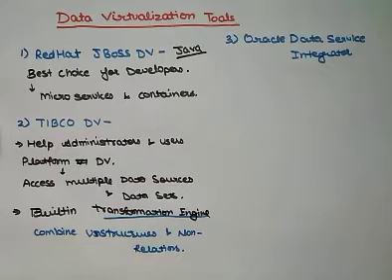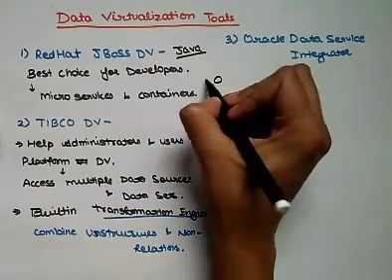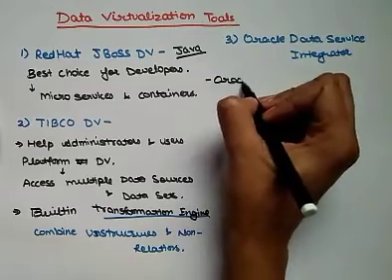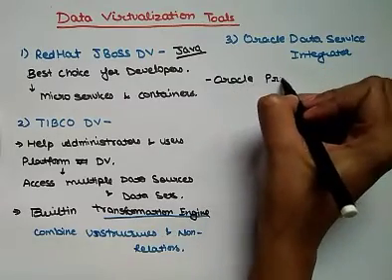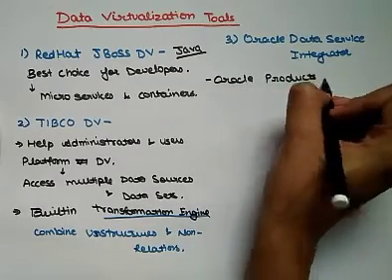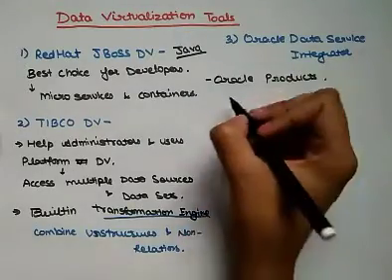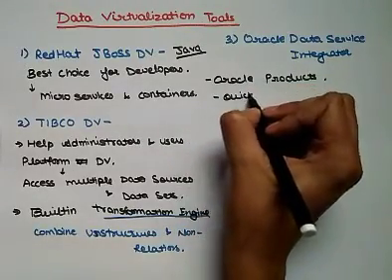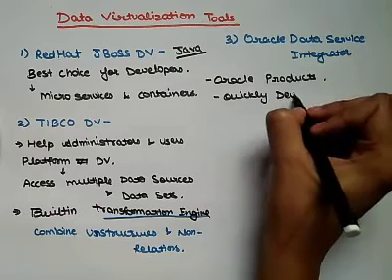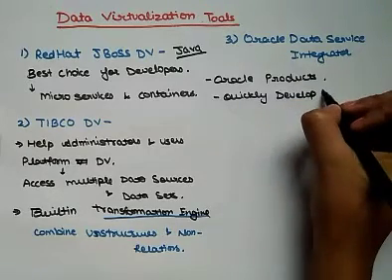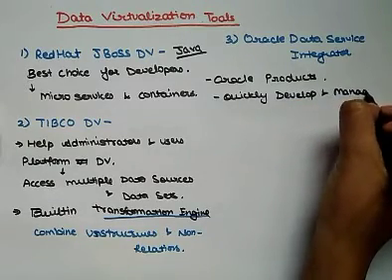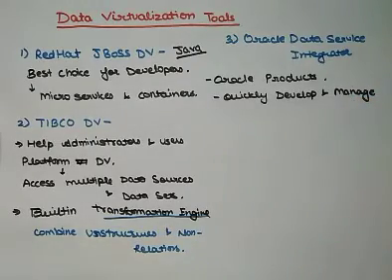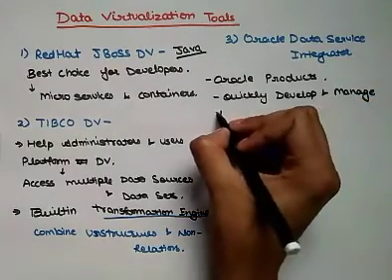Oracle Data Service Integrator is a very popular and powerful data integrator tool which works only with Oracle products, right? It allows organizations to quickly develop and manage data services to access a single view of data.